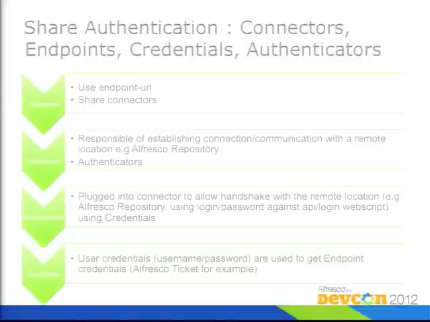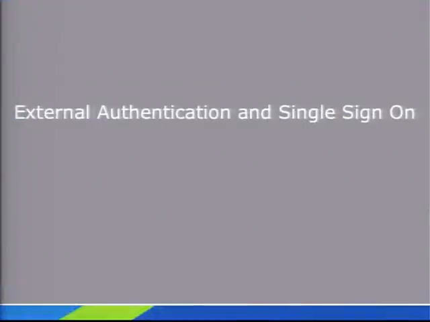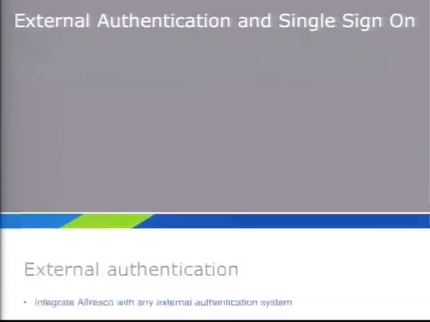As I said, you have the authenticators, which are optional components and which are called only when authentication is needed between the 2 applications. And these authenticators use credentials, which can be an Alfresco ticket or a username and password. So now we're talking about the external authentication subsystem and how it fits with single sign-on systems.